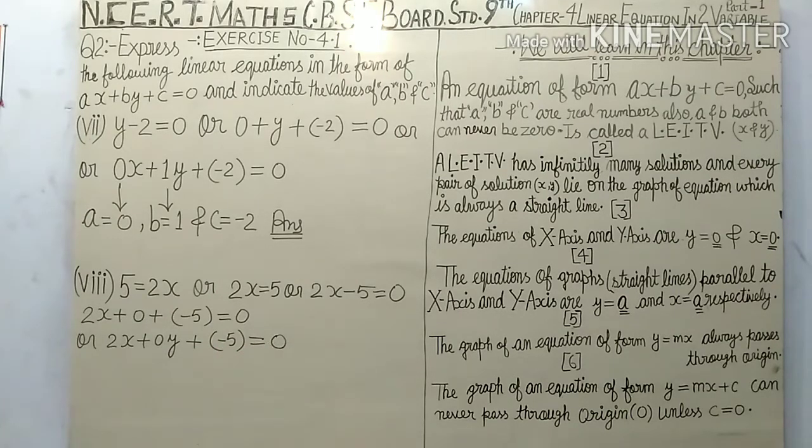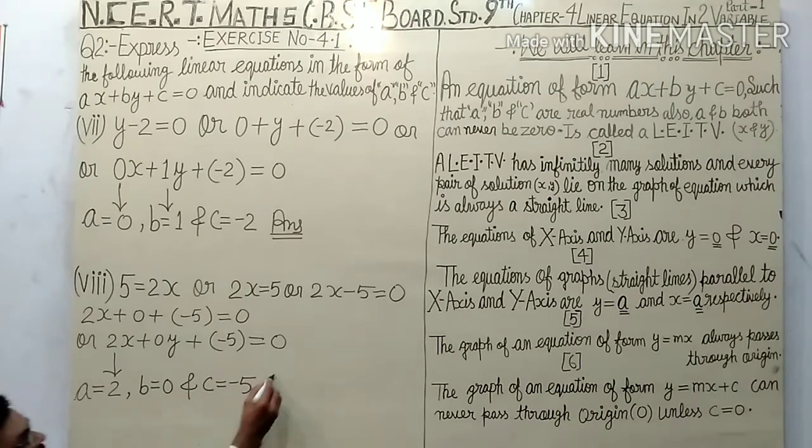Now you may find the values of a, b and c very easily. a equal 2, b equals 0 and c equals minus 5.